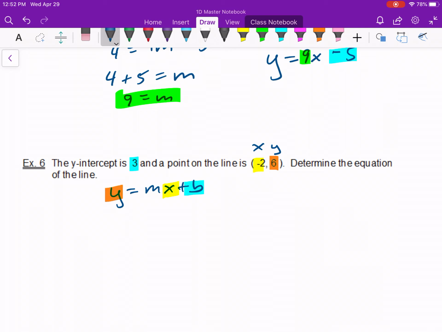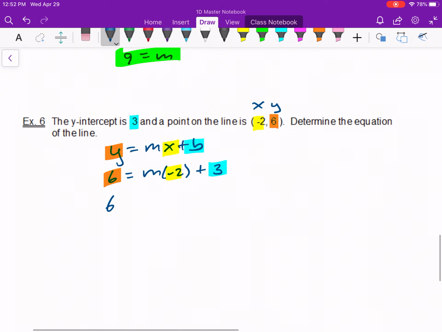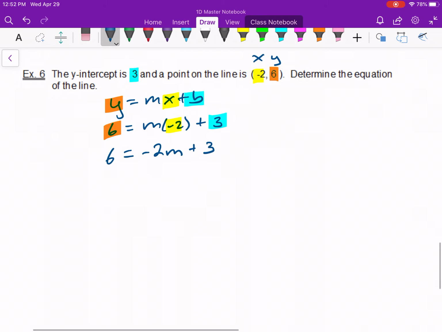So we have 6 equals m times negative 2 plus 3. Again, let's tidy it up a little. m negative 2 is very confusing. What I should write it as, what I need to write it as, is negative 2m. And now I can go about solving this for m.